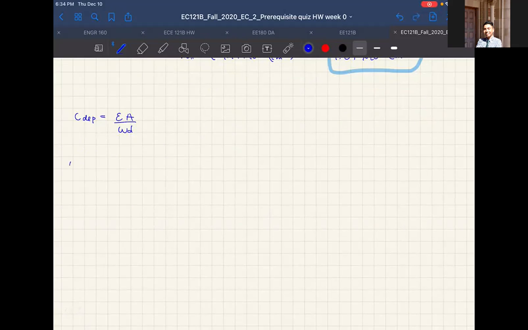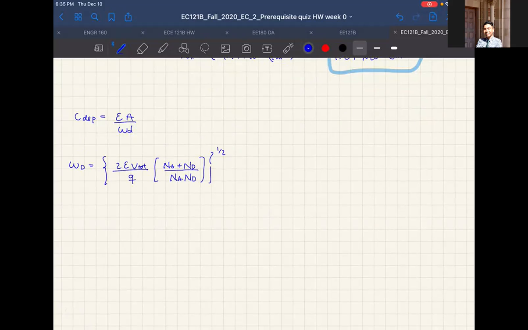I feel it gets really messy if you just go directly into it. So what I'll do is WD is equal to 2 epsilon V total over Q times Na plus Nd over Na Nd, this whole thing square rooted.